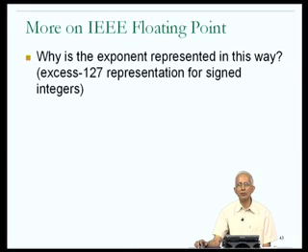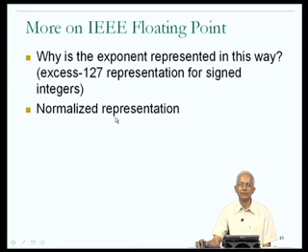Now, it would have been possible to represent the exponent value using a 2's complement representation or the sign magnitude representation. But the designers of the IEEE standard chose to use something different. They used something called the excess 127 representation. The representation that we saw, where the value minus 4 is represented by 123, because 123 minus 127 is equal to minus 4, is known as the excess 127 representation. And that is what is used for the exponent in the IEEE standard.